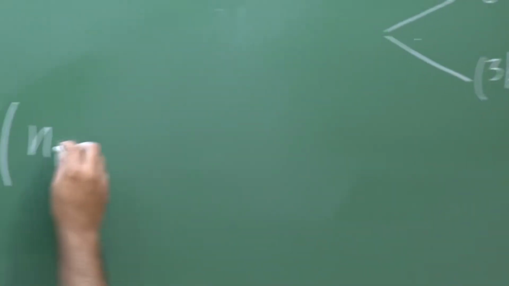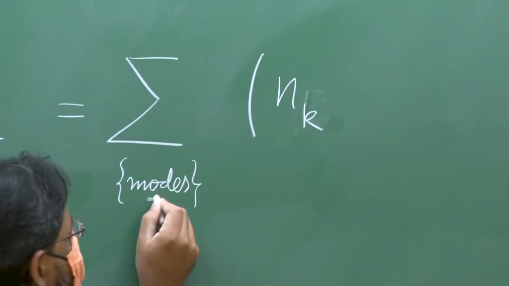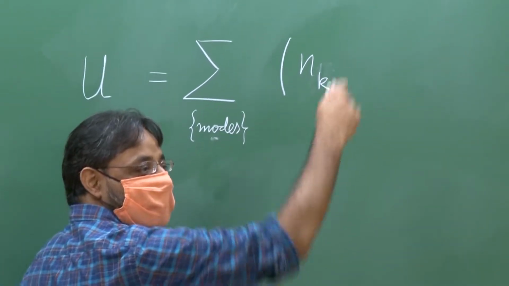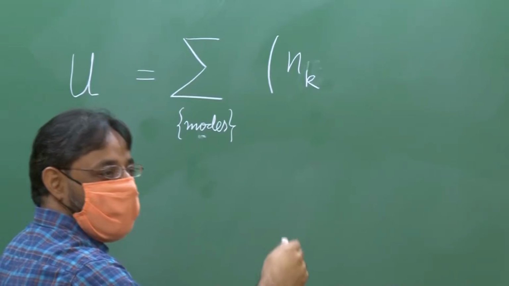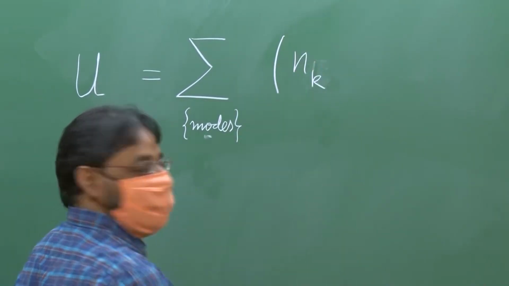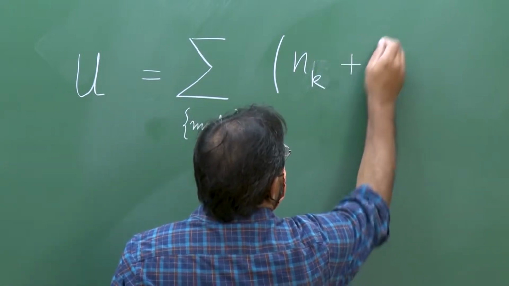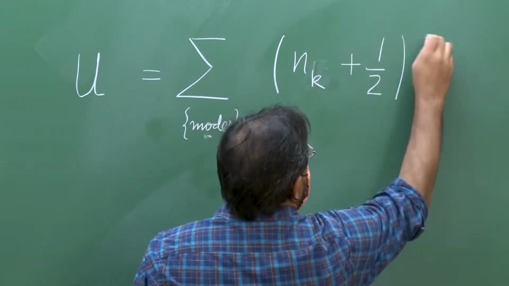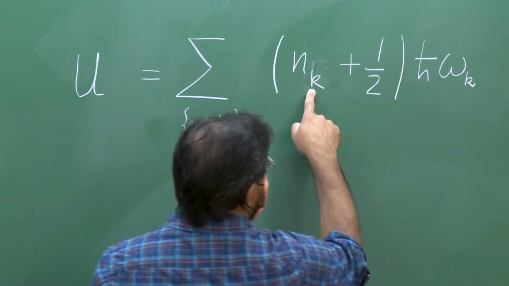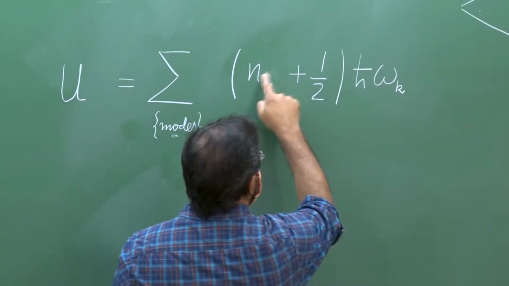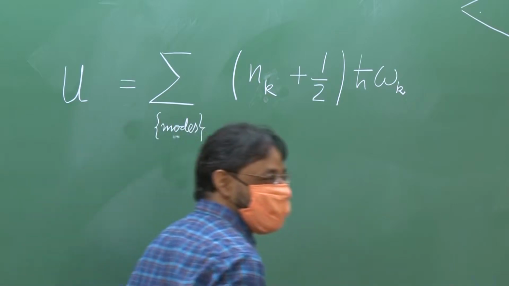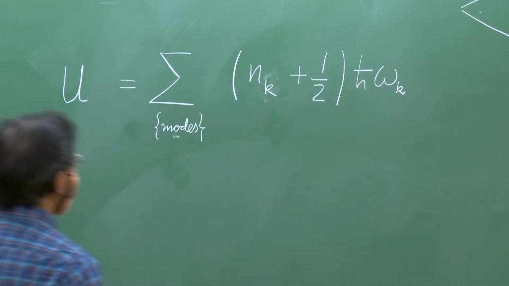So I will just keep it k, but remember that it's not just k, but k comma s, where s is the index for the mode: acoustic 1, acoustic 2, acoustic 3, optical 1, optical 2, and so on. Plus 1/2 h bar omega k. Maybe last time I used the symbol little s here, and if ever I write a book, I will not make that mistake. In every chapter, the symbols will be consistent.